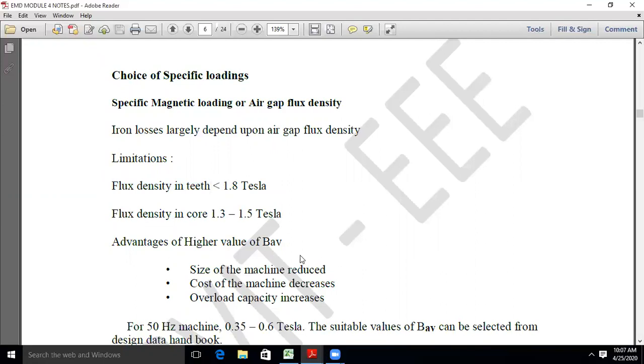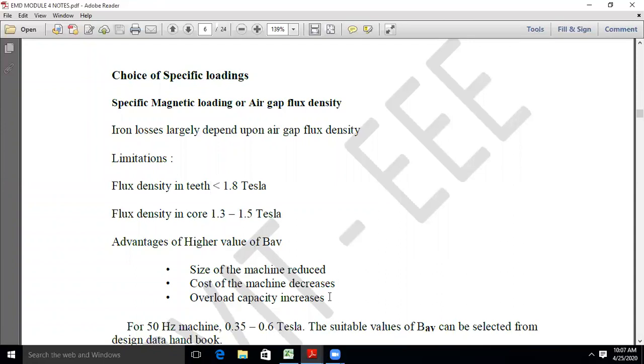Now, what are the advantages of a higher value of B average? There are three. One, the size of the machine is reduced. Second, the cost of the machine decreases. And third, the overall capacity increases.